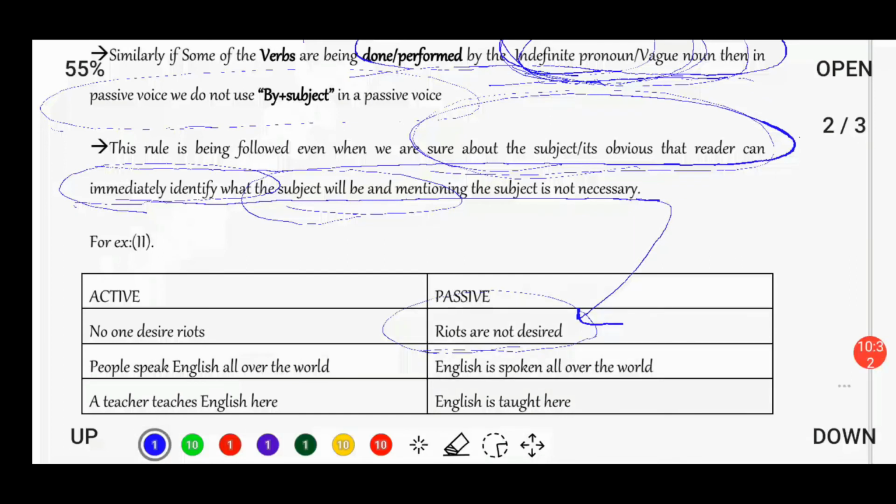And in the case when the noun or pronoun is an indefinite pronoun or vague noun, that will also not be mentioned in the passive voice. Suppose here the three sentences given mention the same thing.